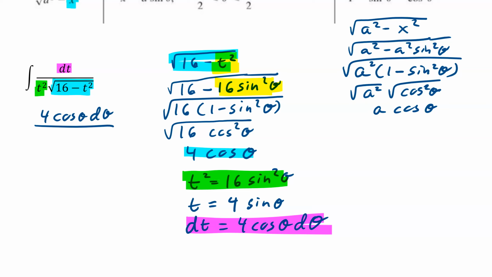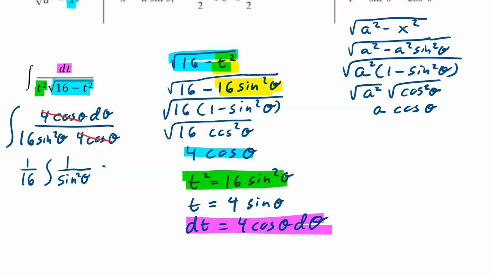And then our t squared is 16 sine squared theta, and our radical becomes 4 cosine theta. And that is our integral. So now it's just simplifying and integrating. So those will cancel. We can pull the 16 out. So we end up with 1 over 16 integral 1 over sine squared theta d theta.